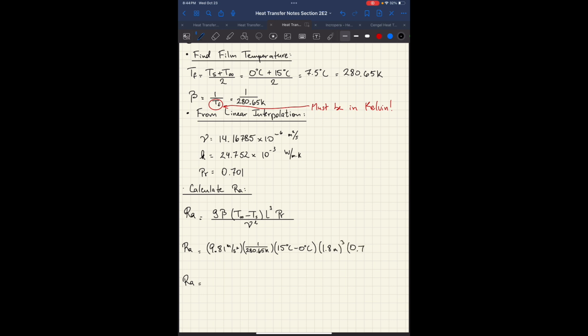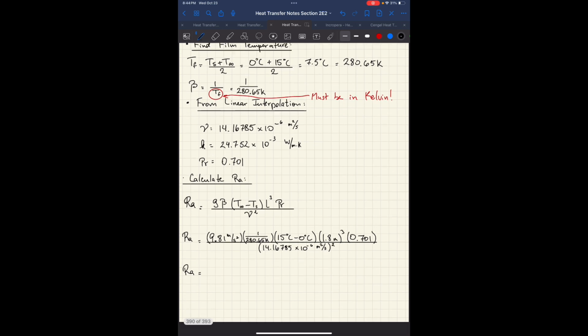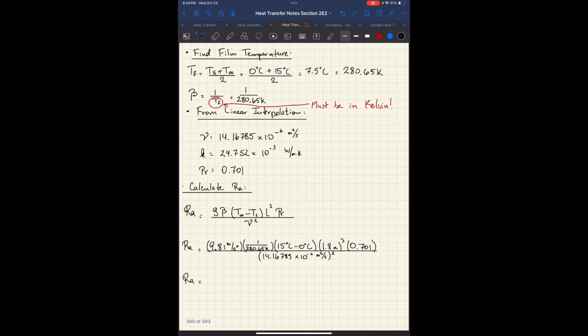Prandtl number is 0.701. And then we have the kinematic viscosity. Again, I carried many decimals after my interpolation just so that we avoid rounding error and we only round at the end. Don't forget to square this guy on the bottom. That's another common mistake. People miss that.